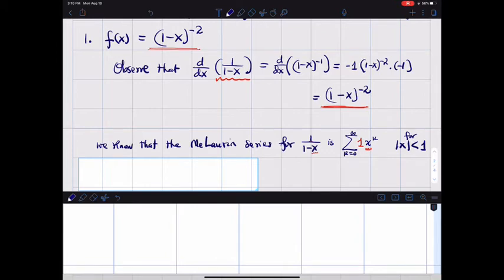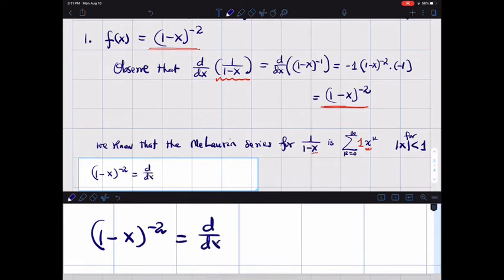All right, so that means that 1 minus x to the power of -2 is going to be the derivative of this series, x to the power of k.